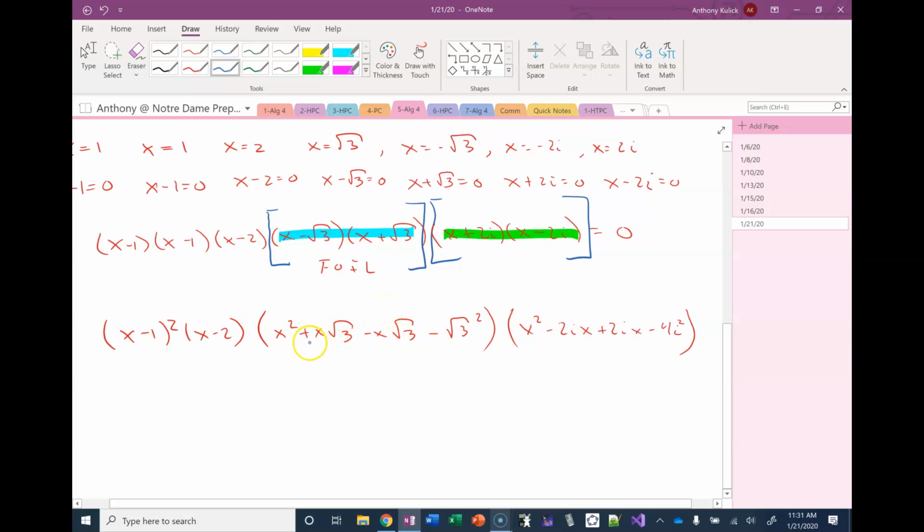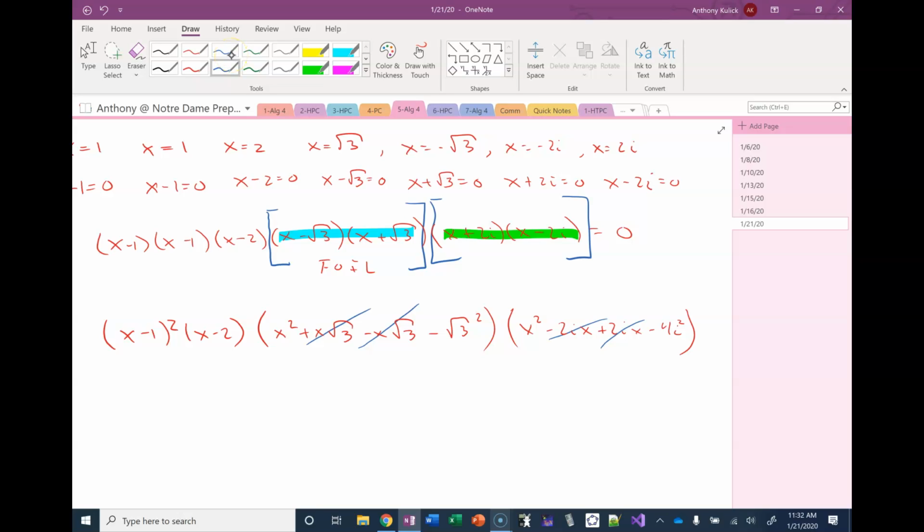What does that do? Those are going to cancel out, right? Similarly, if I look at the next factor, I have a minus 2ix plus 2ix. What happens there? Those cancel out. Okay.